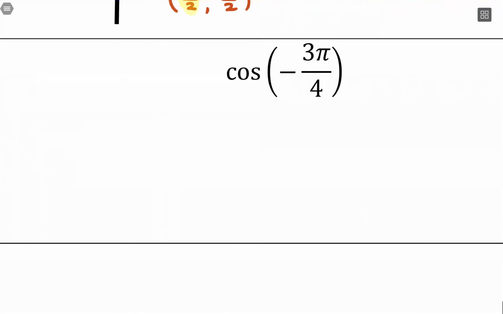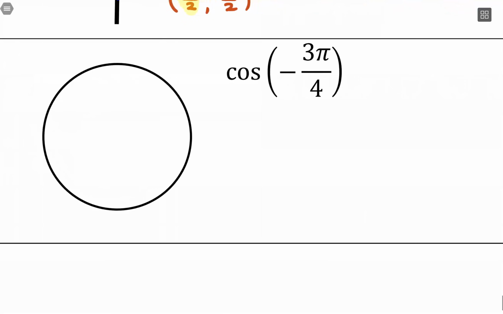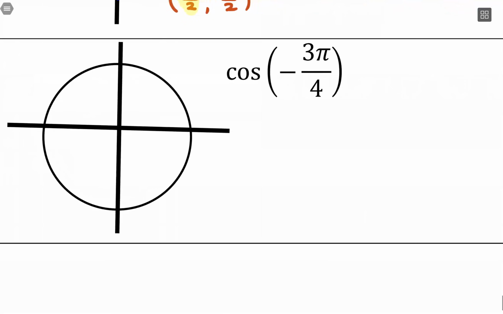And our last one here is going to be, let's see, we're dealing with fourths here. So I just imagine cutting up my circle like that. And let's see, it's negative, so we're going clockwise. We're going to go 1, 2, 3.